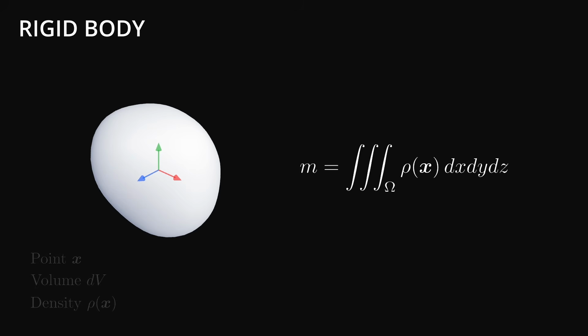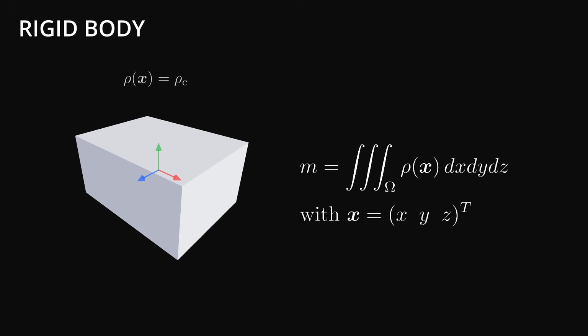If our vector bold x is now defined to be xyz, the integration makes a lot more sense. First, ρ is integrated in the x dimension, then in the y dimension, and lastly in the z dimension, though the exact order doesn't matter here. The simplest example would be to integrate this for a centered, axis-aligned cuboid with constant density and side lengths a, b, and c in the x, y, and z directions respectively.